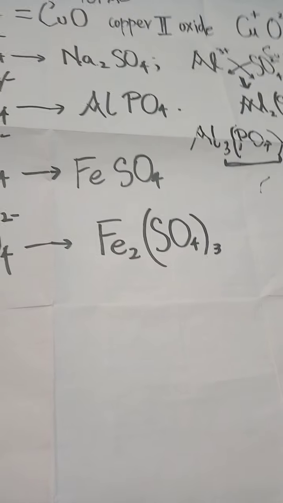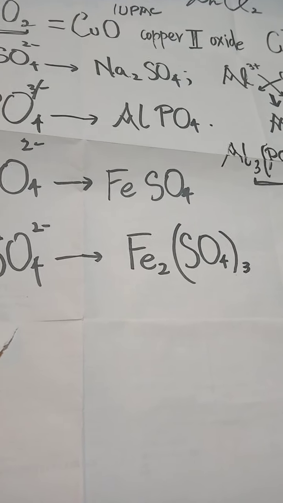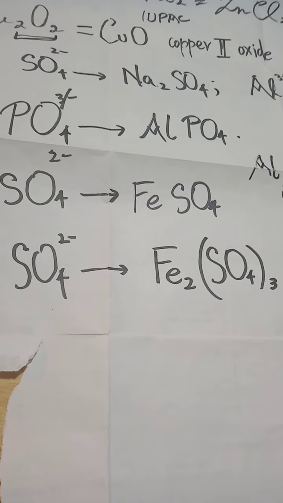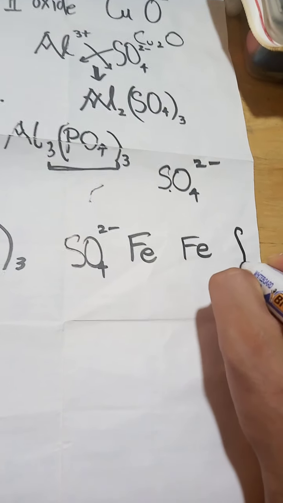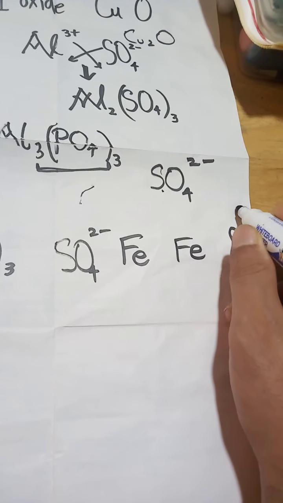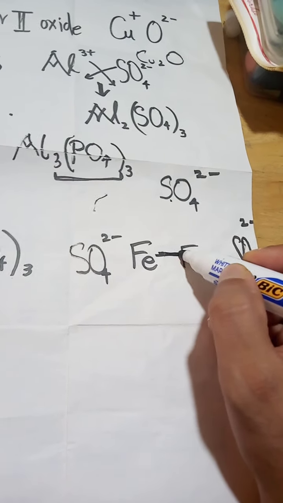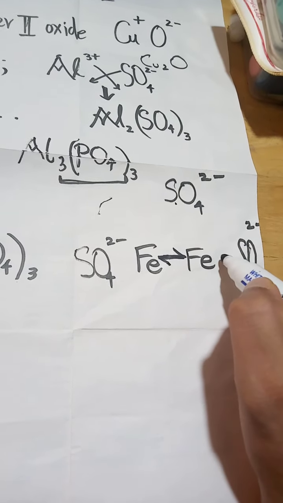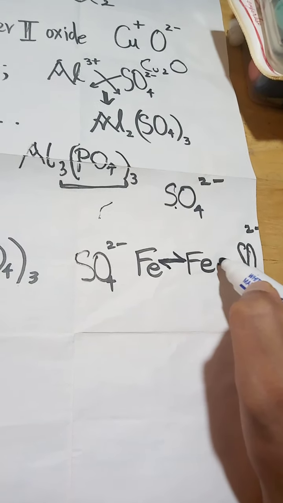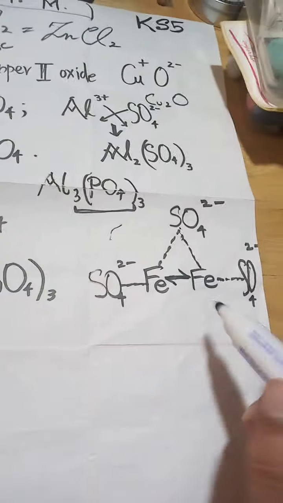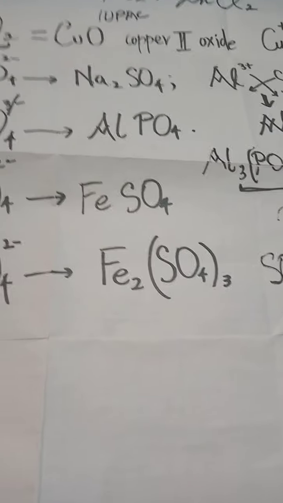So which means 2 irons are coordinating to form this bond, and that's why 2 of these are required to nullify 3 of those.